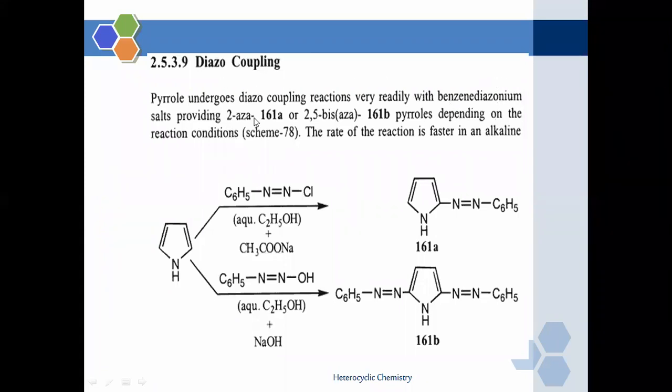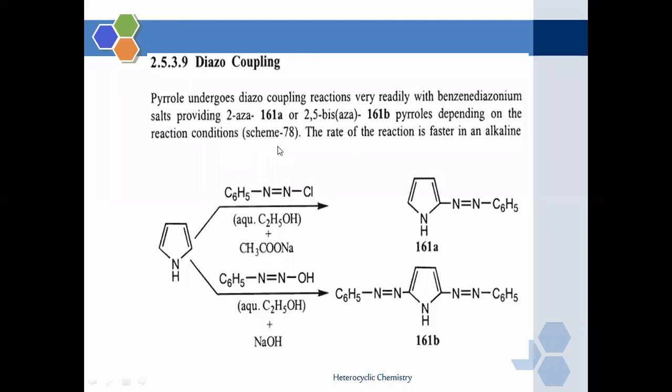Now, when pyrrole undergoes diazo coupling reaction with the benzene diazonium salt, it is going to provide us 2-aza pyrrole if the diazo coupling happens at the second position only. But if we prolong the reaction, then the diazo coupling will happen at the second alpha position, that is at the fifth position also. That means this will happen at both positions.